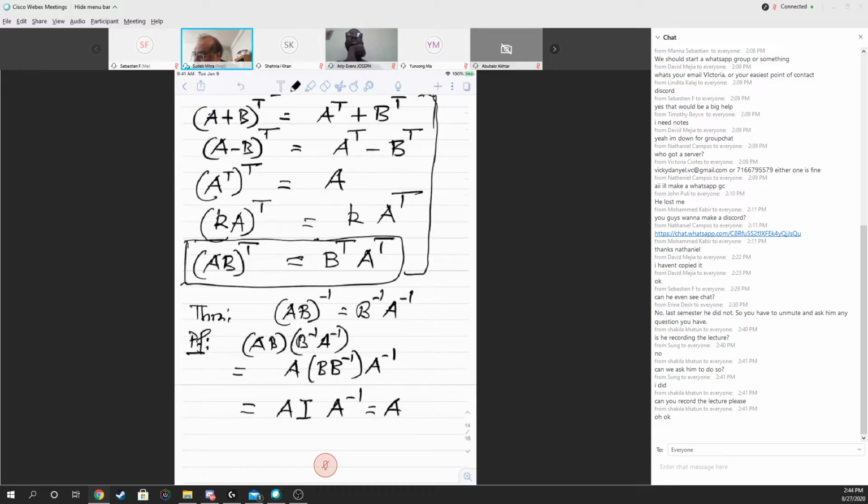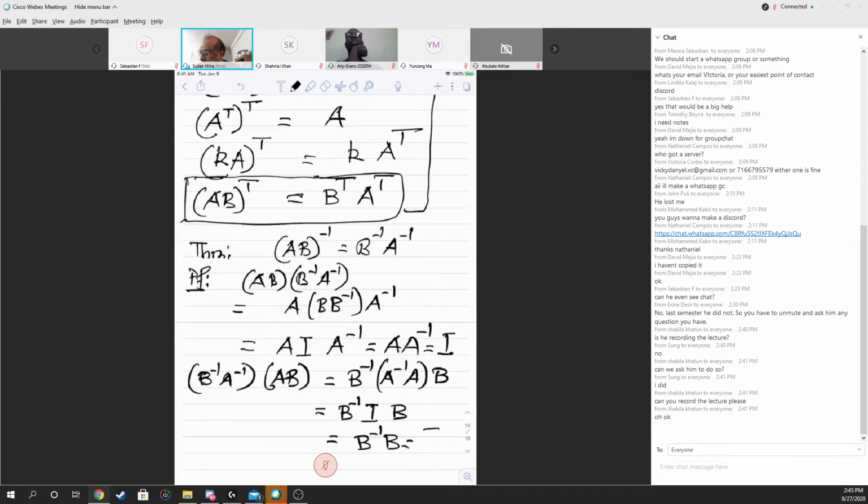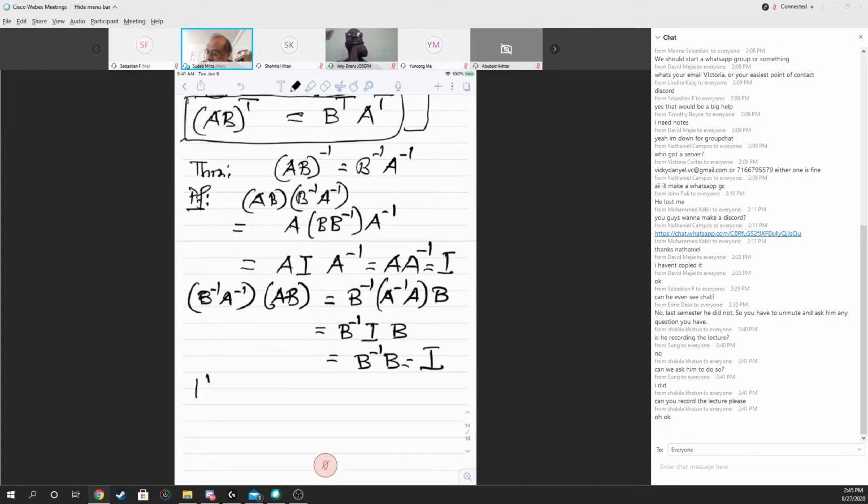That is A inverse, and that is I. B inverse A inverse AB is B inverse A inverse A B. So that is B inverse I B, and that is B inverse B, and that is I. Hence, AB inverse is B inverse A inverse.